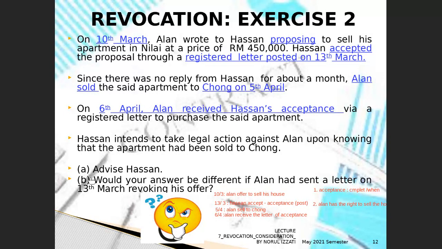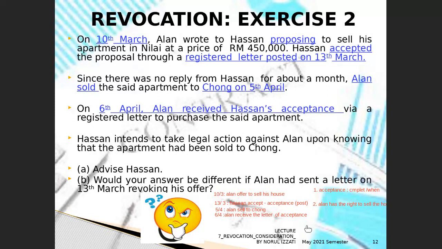In this case, when you would like to advise Hassan, because Hassan is the person who accepted the offer, you can give the suggestion that acceptance is already complete, so the contract is already formed. When the contract is formed, Alan has the obligation to carry out the selling of the apartment.